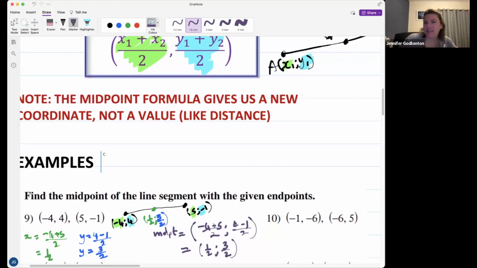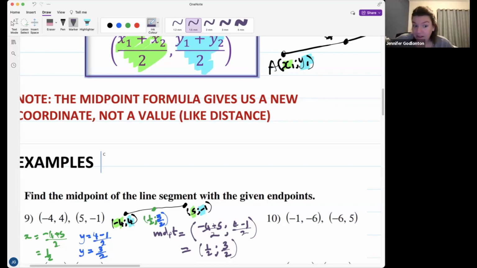We'll do a couple of these, then we'll jump into the harder ones. Give number 10 a try for me and let me know when you have an answer.